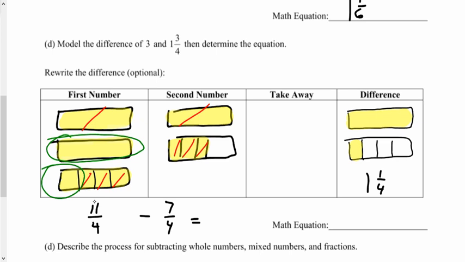That's not 11/4, that's 12/4. There, because I was looking here. But we do have all 12 parts in the original amount shaded. I just counted wrong. So we have 12/4 minus 7/4 equals 5/4.